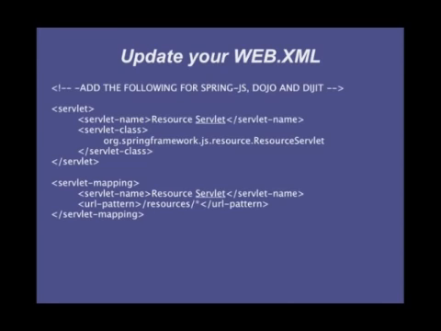You've got to add the Springs JS resources into your web.xml file. If you look at my code below, it's pretty easy. You just point to the Springs WebFlow JS resource servlet, and then you actually map /resources/* to it. It's pretty easy to do.